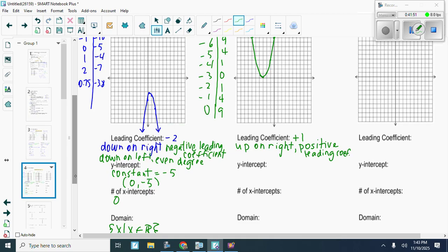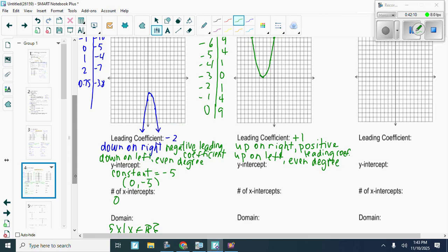And it's also up on the left because it's an even degree. This is a degree 2, and 2 is even.